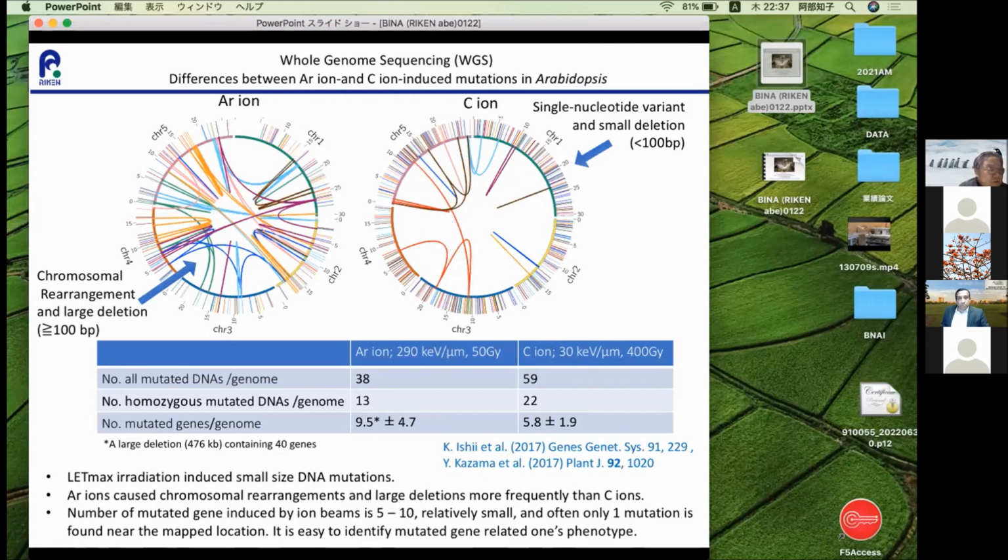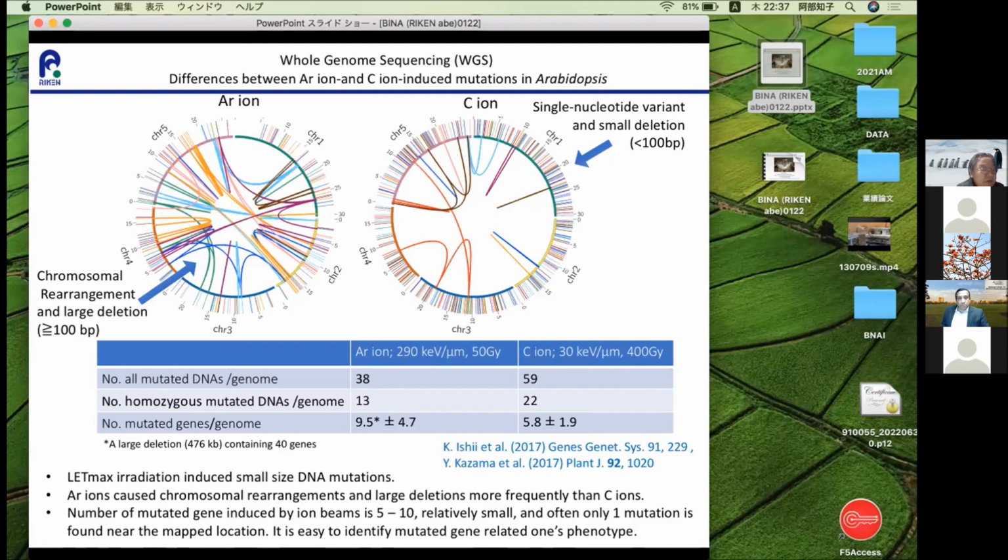Base substitutions and small deletions are indicated by short lines on the exterior of the circles. In the diagram, each color line represents each mutant. In LET max irradiation, 80% of gene mutations were small size. Argon ions caused chromosomal rearrangement and large deletions more frequently than carbon ions.